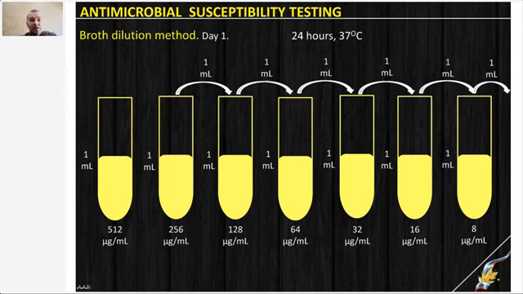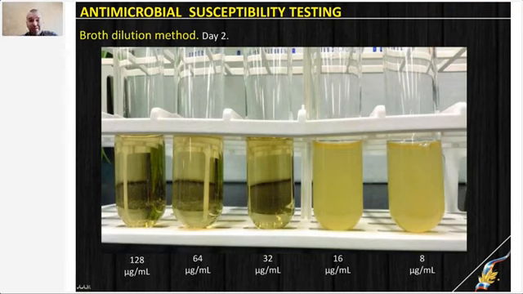And evaluation of the result, again, can be performed visually. You should see MIC, the inhibition of visual growth. As you can see on that picture, please take a look at the slide. The first 3 test tubes are absolutely transparent, simple broth without any visible growth. But at 16 micrograms per milliliter, that test tube has turbidity and visible density.